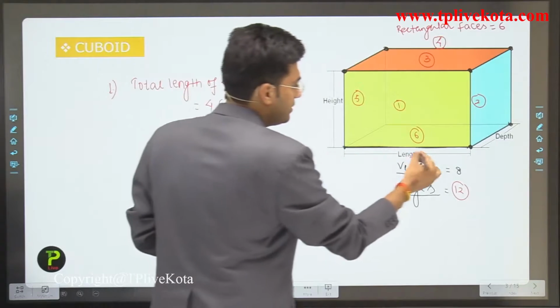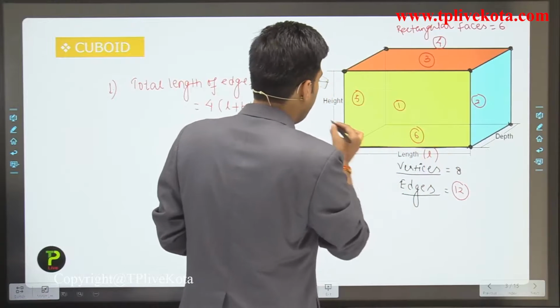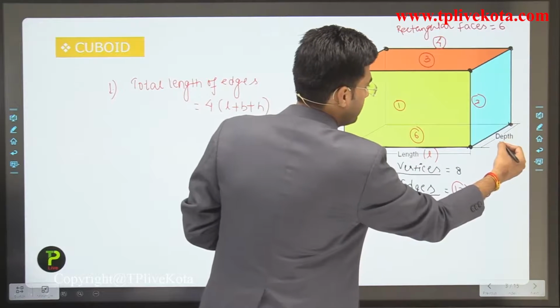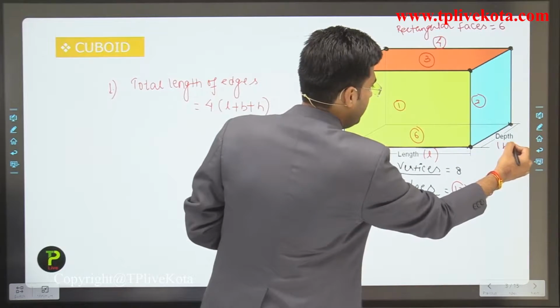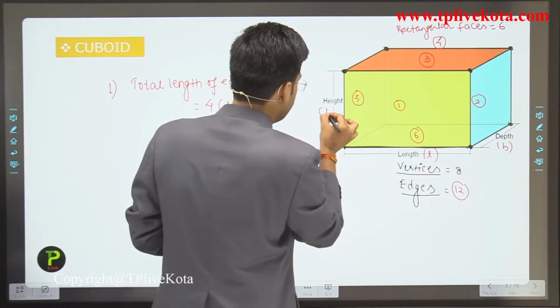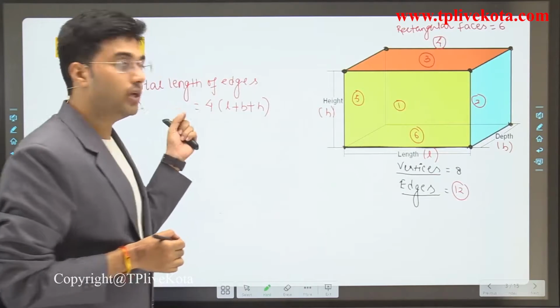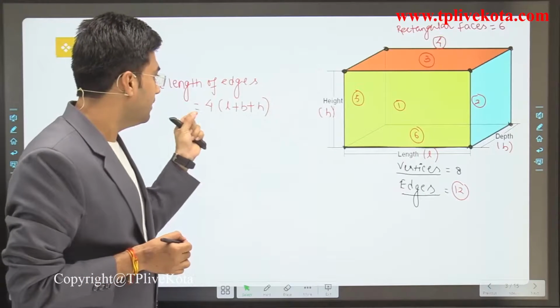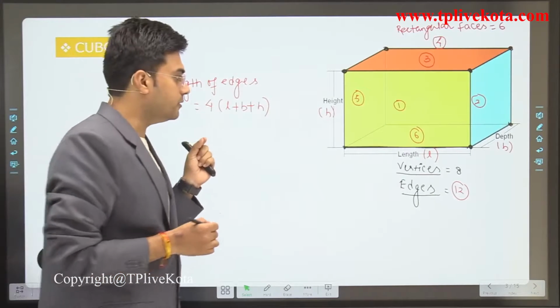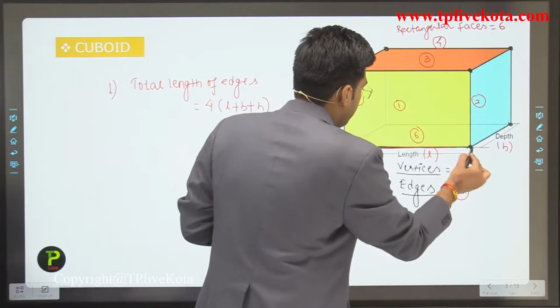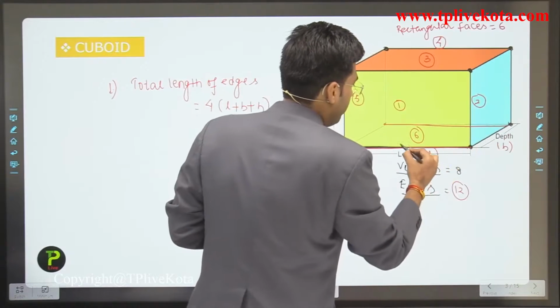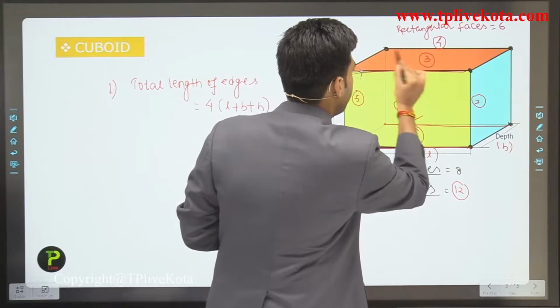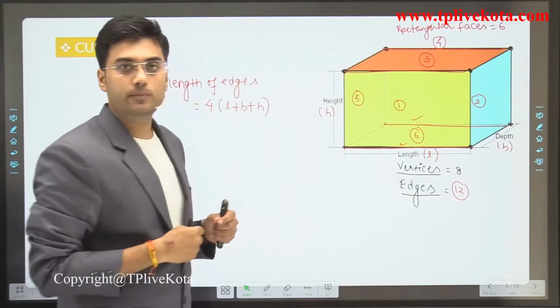Okay, this length is represented by L, this breadth is represented by B, and this height is represented by H. Then the total length of edges is 4 times of length, breadth and height, because here length comes 4 times, 2 on the bottom and 2 times on the top side.